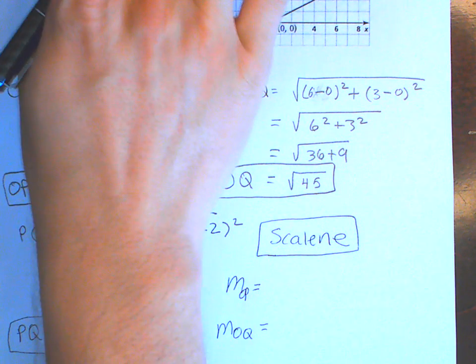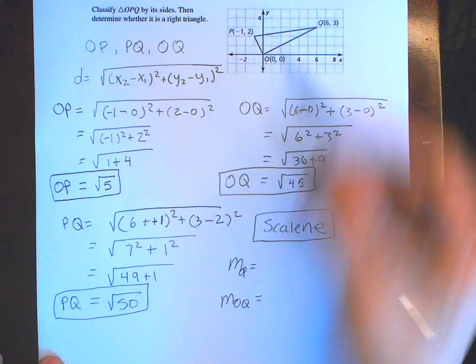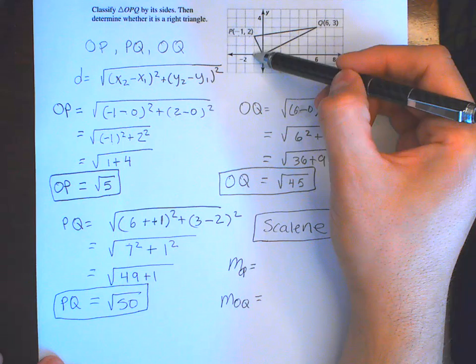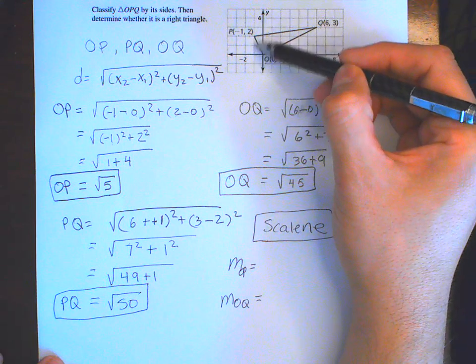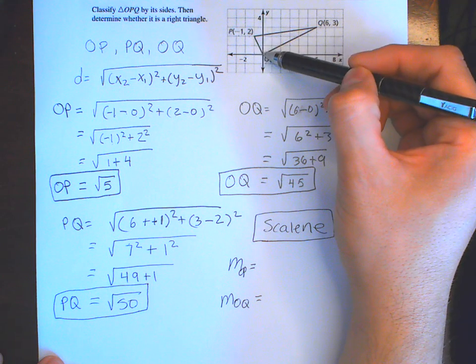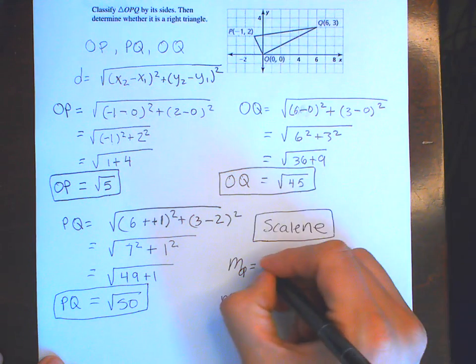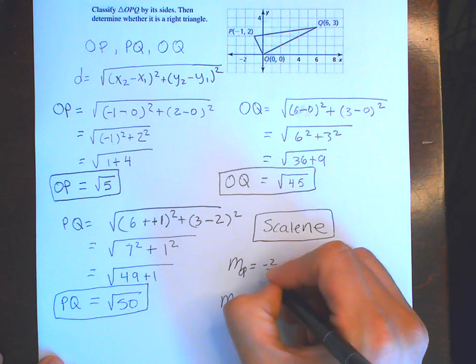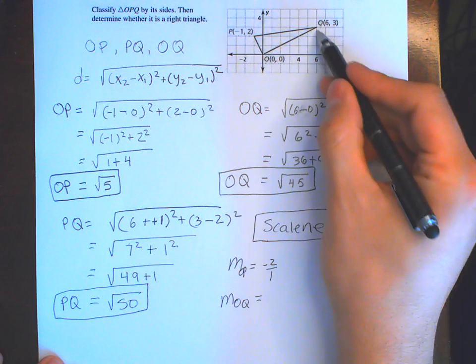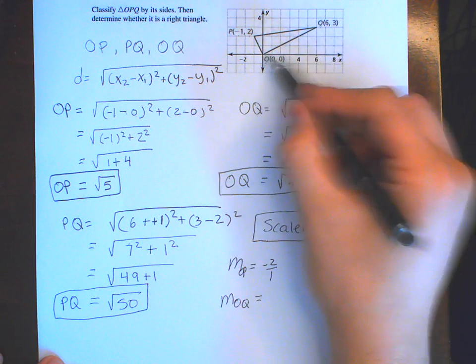So looking at the graph, you can see here that the slope is going to be, the rise is 2, the run is 1, and it's a negative. So that's going to be -2/1. And the slope of this one is going to be 3/6.